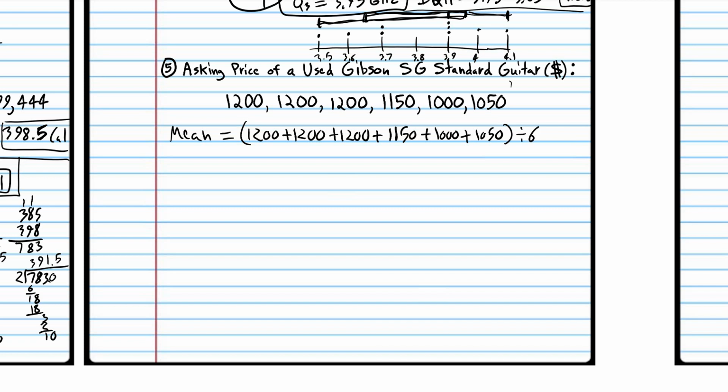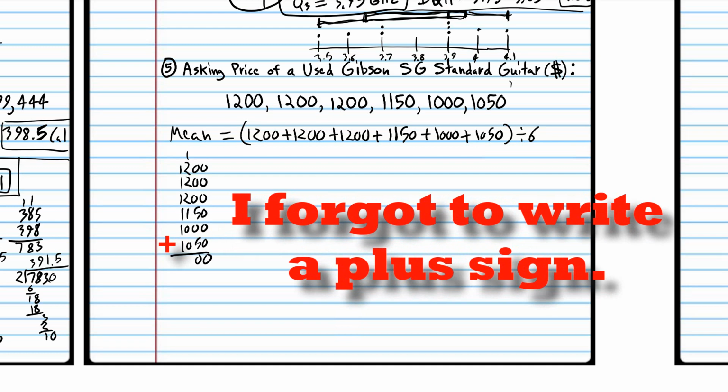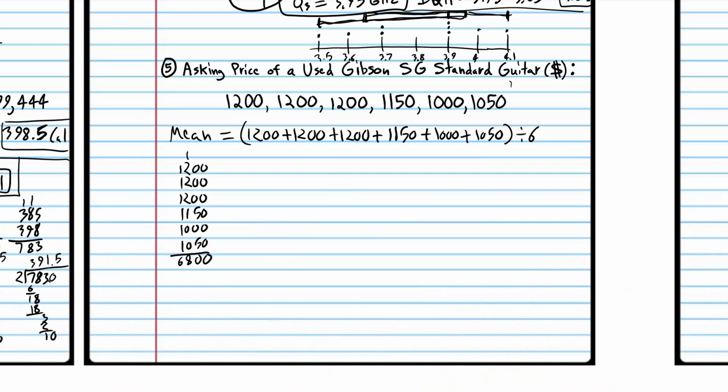So we'll go ahead and add all those up. And I got 6,800. And then you're going to divide that by 6.